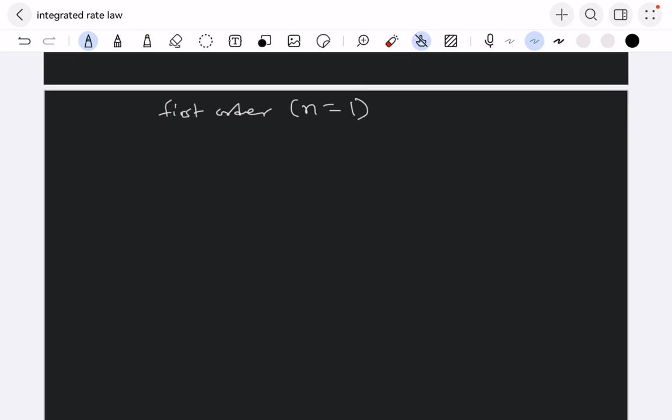So when n is equal to 1, it means that the change in the concentration of A, anything raised to the power 1.